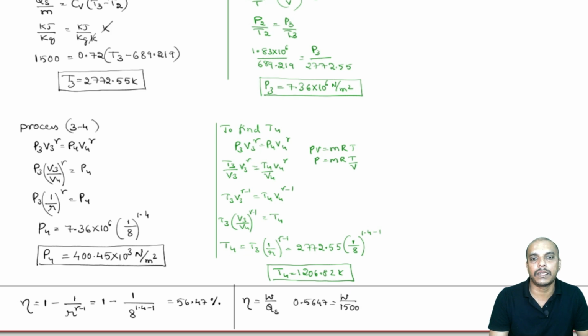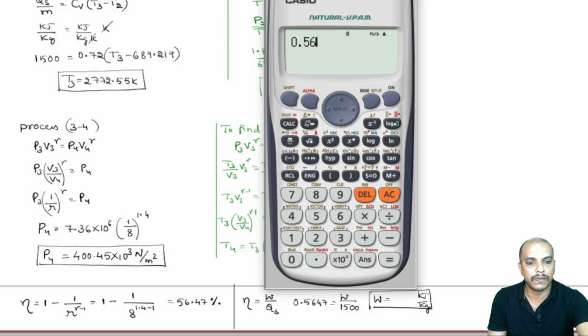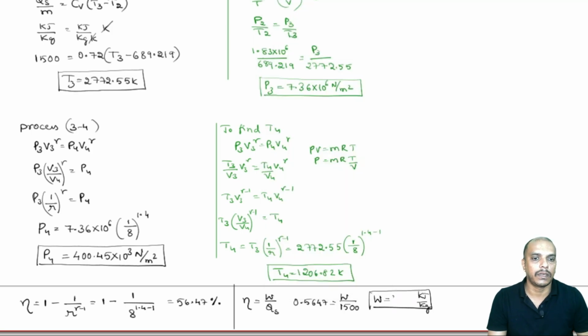We will get this in kilojoule per kg, because efficiency does not have a unit; whatever unit we write QS in, the same unit will be the work transfer. So 0.5647 into 1500 is 847.05 kilojoule per kg. We will solve a few more problems on Otto cycle in the next class.